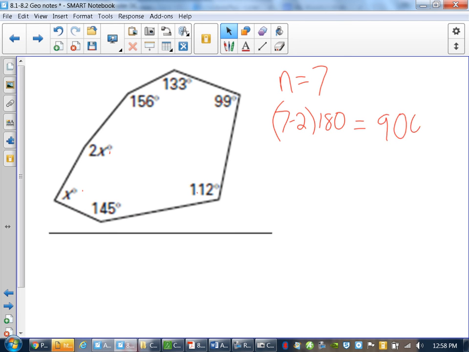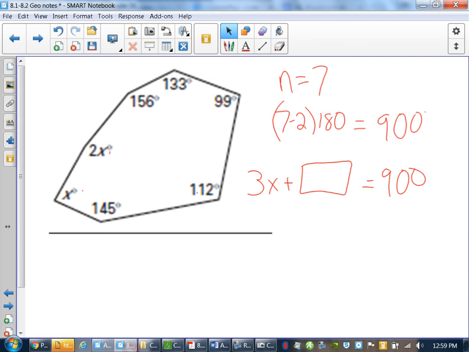You get 900 degrees. Say it loud. Okay? Now that means all of these have to add up to equal how much? 900. What's x plus 2x? 3x. So basically what you're doing here, guys, is creating your own algebra problem.